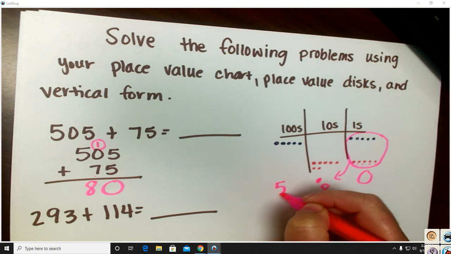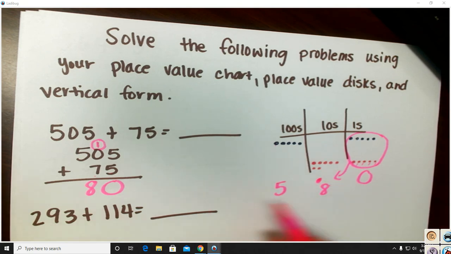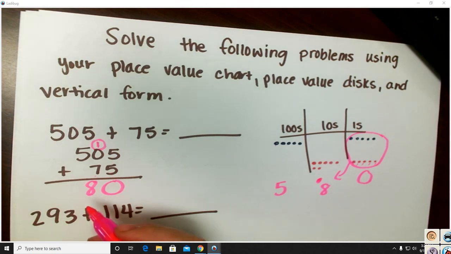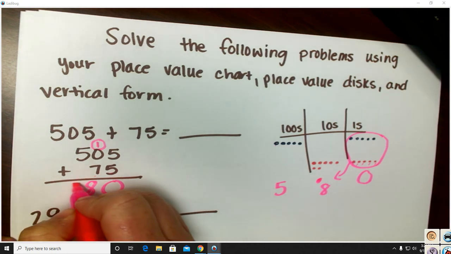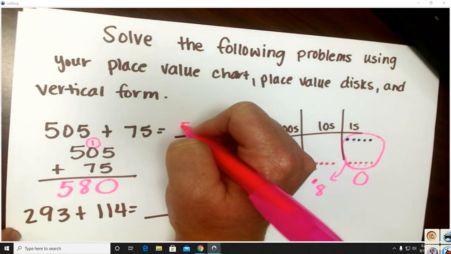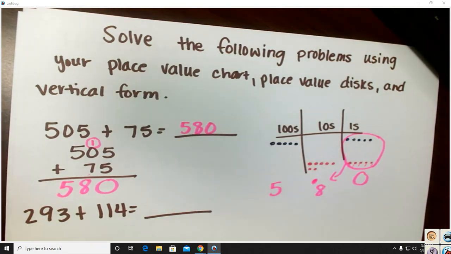So I have 5 hundreds. So I'm going to come over here to my standard algorithm or vertical form, and I have 5 plus nothing, which would be 500. So I have 580. So I know my answer here is 580.